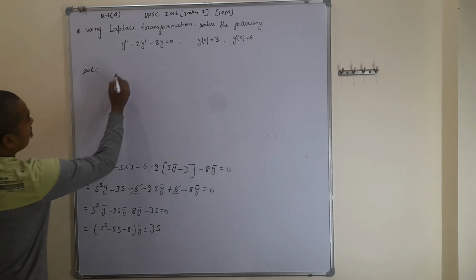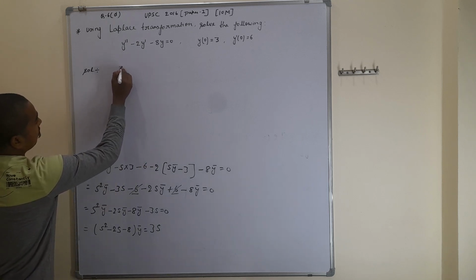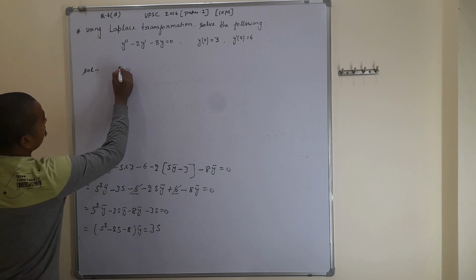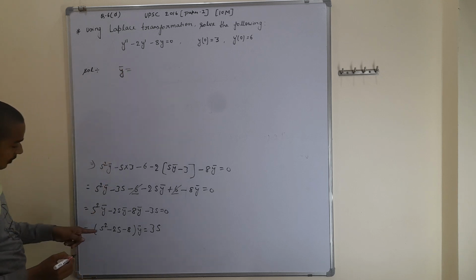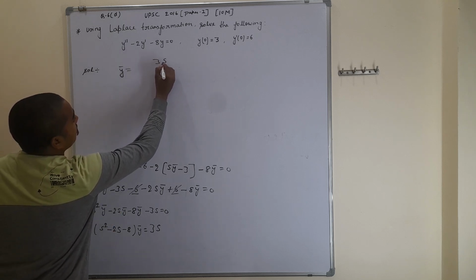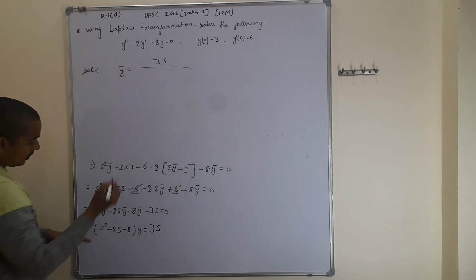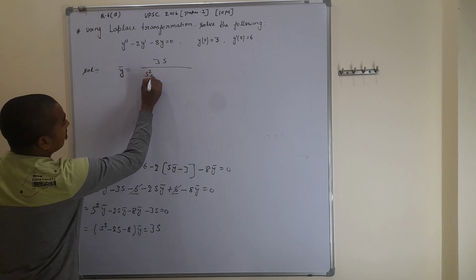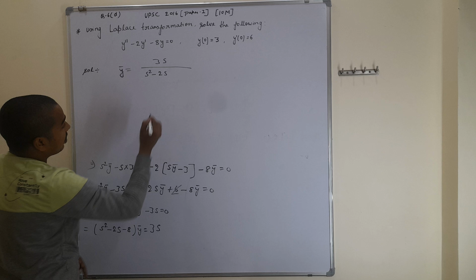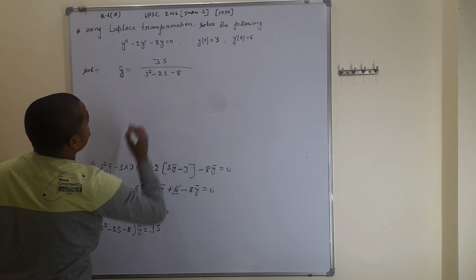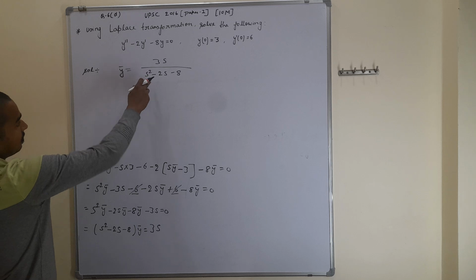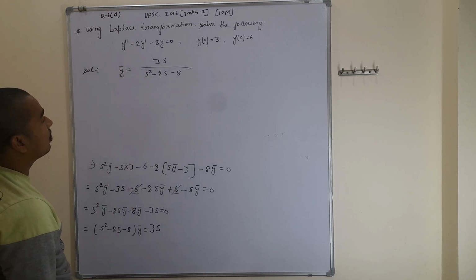Then y bar is equal to 3s upon s square minus 2s minus 8. We have to find this in partial fraction form.